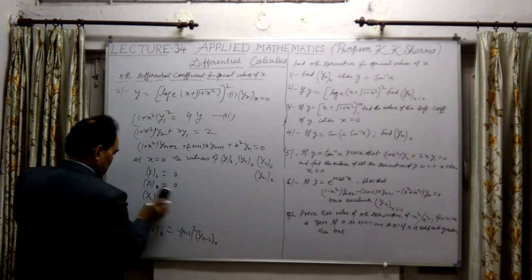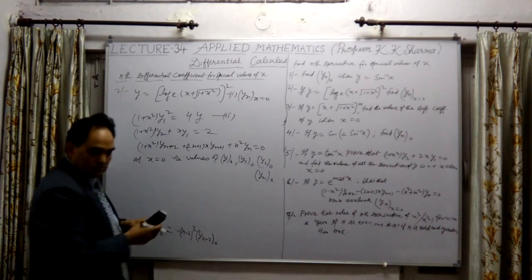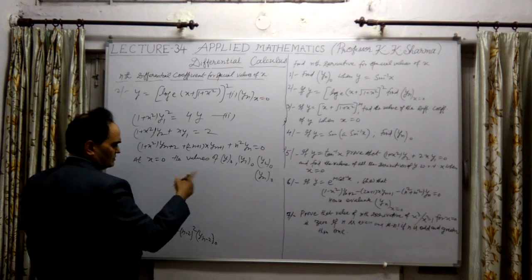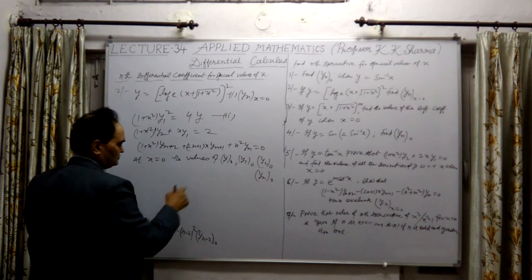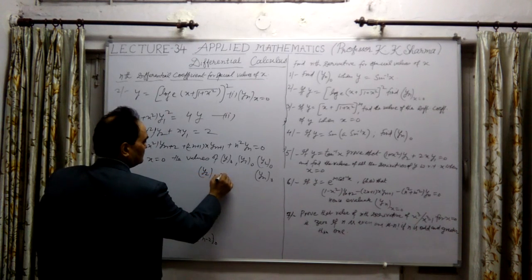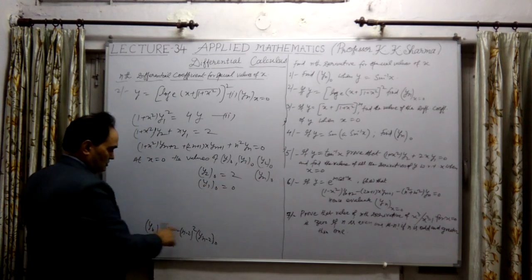Now let me find out at x equal to 0 when n is even and odd. For odd, every term is 0 because y1 is 0. Only y2 was 2, which we have obtained, and y1 was 0. So this we have to use.